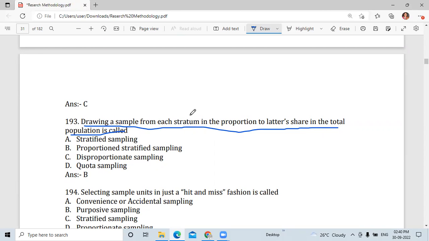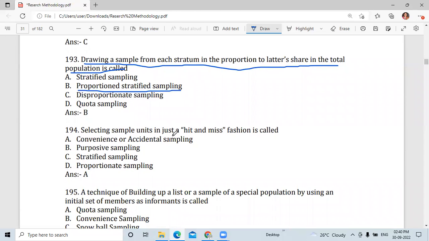After drawing the sample from each strata in proportion to its share in the total population, they are making the proportion. That is called proportionate stratified sampling.